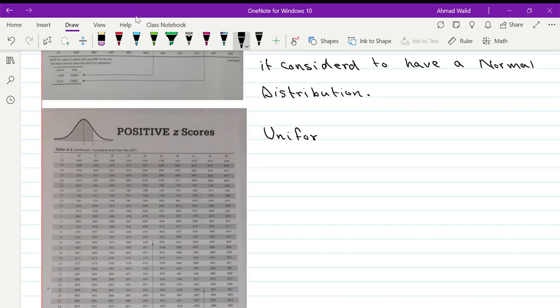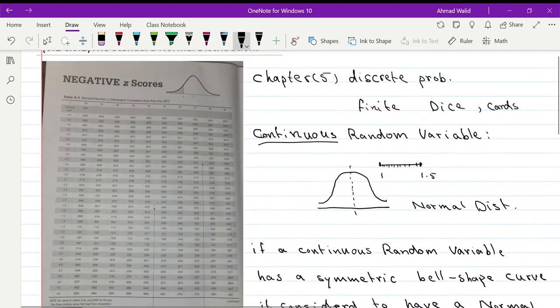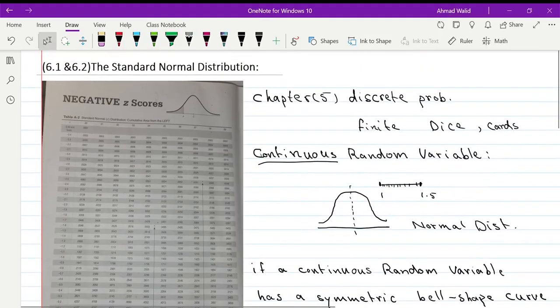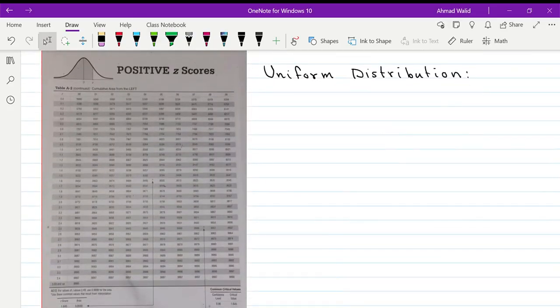Uniform distribution. What is our goal today? Let me explain first our goal before even touching a uniform distribution. Today in 6.1 and 6.2, my goal is to connect or somehow translate the area under this curve.